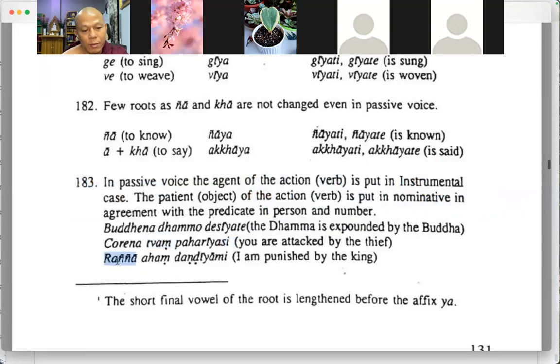And then Rinya Ahan Dandiyami, so I am punished by the king. Here hand is the object or patient. So Dandiyami is first person singular. Okay, in this way it can be seen.